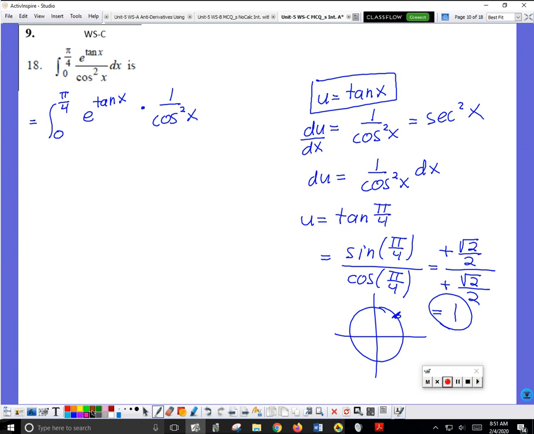I always go from the center. To get to this point, I must go to the right and I must go up. Because I went to the right, the cosine value is positive. Because I went up, the sine value is also positive. Therefore, this is a positive 1. I can do that as many times as you'd like and in many different ways as I can think of. It will help. Just have to ask me.